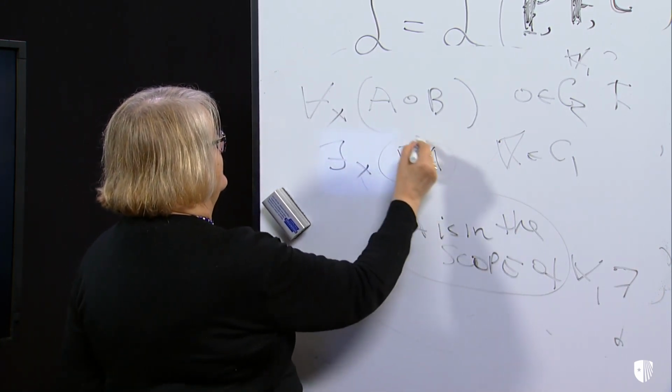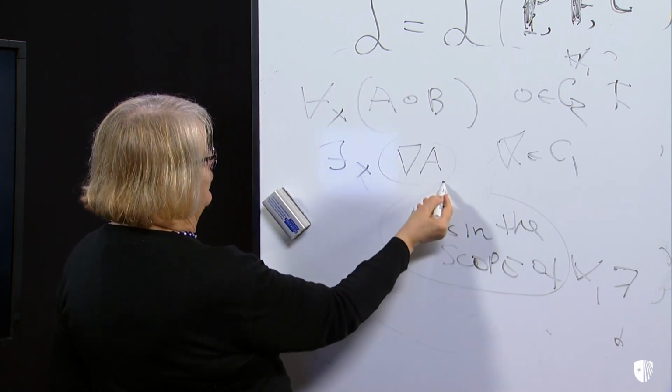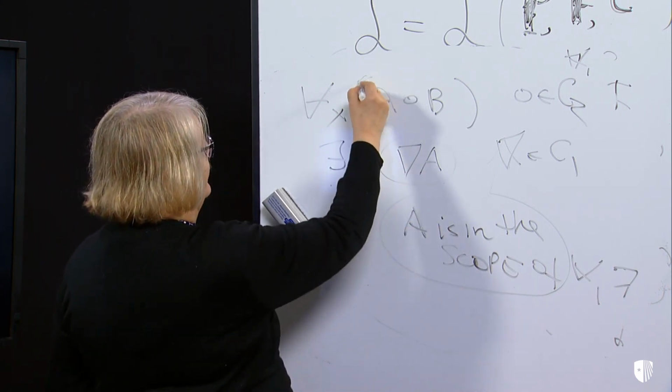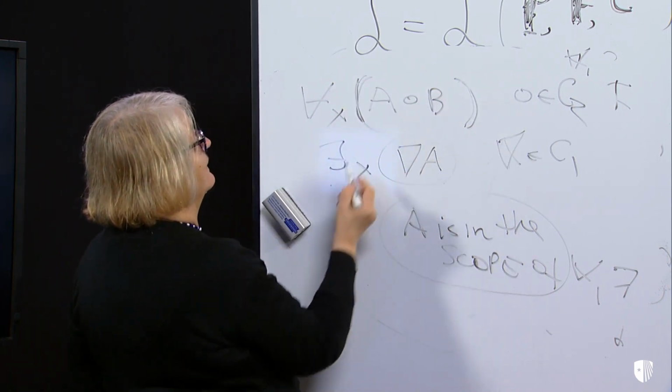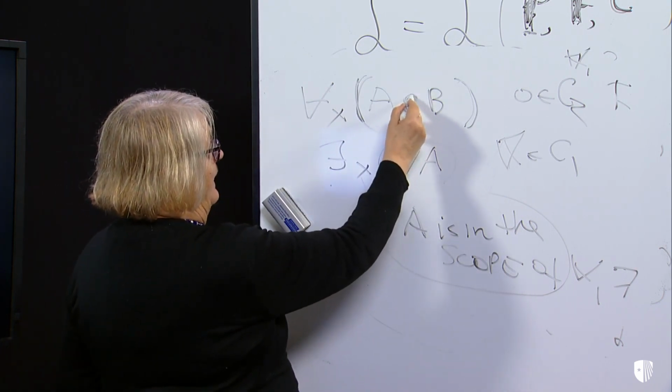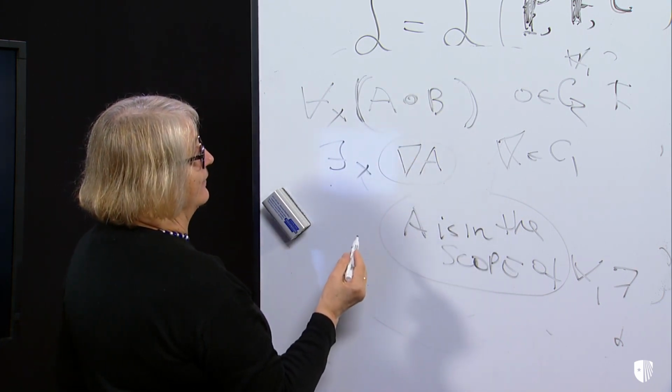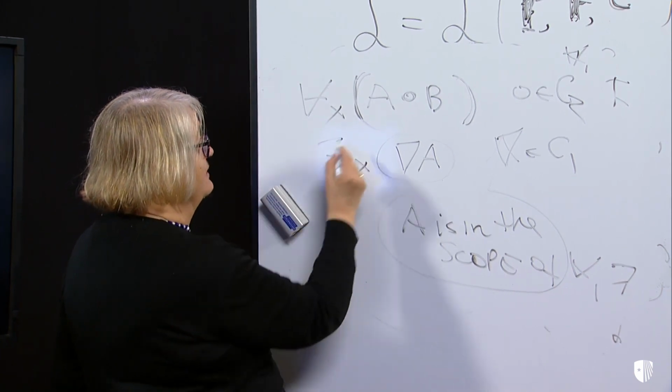So this formula is in the scope of this quantifier, including a formula with a binary connective as the main connective. And you can see that the parentheses, which is why we close the formulas with parentheses, mark the scope of the quantifier.